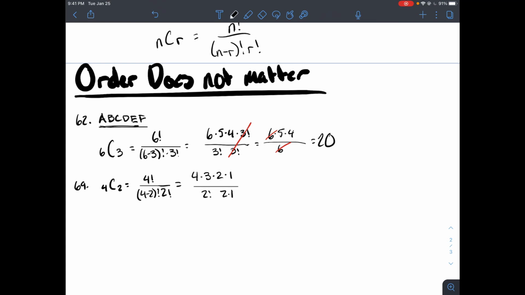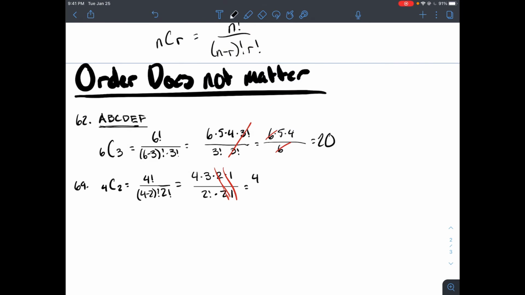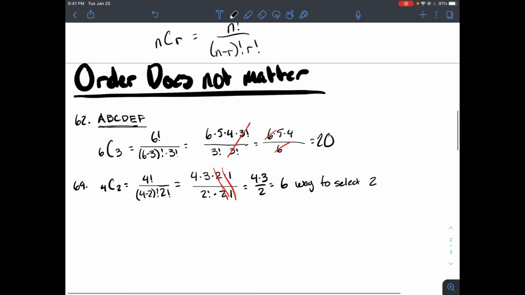Then we have another 2 factorial. So this all cancels out. And 2 factorial is just 2. I'm just going to write it out so that everyone understands what's going on. So we have 12 over 2, or 6. So this is 6 ways to select 2 jacks, where the order does not matter.